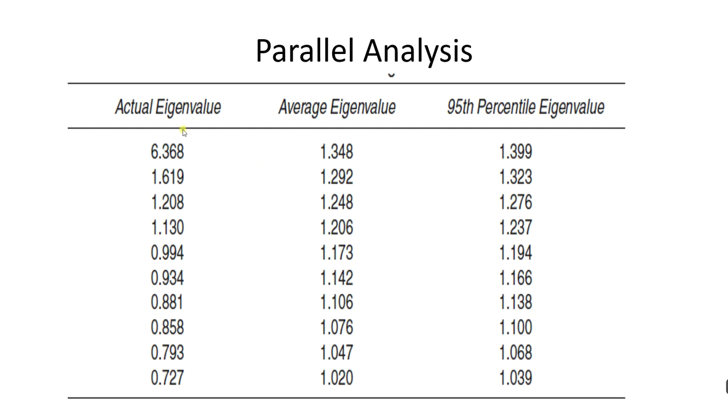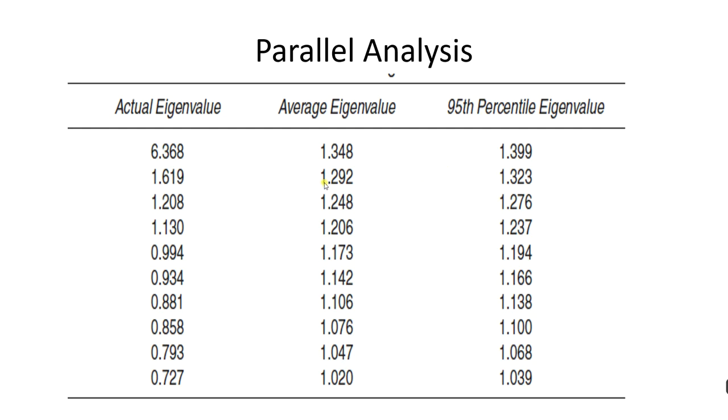The first eigenvalue on the actual data is 6.368, and as I said earlier in my lecture, the eigenvalue tells the total variance explained by a given factor. So the first factor in the actual data is explaining more variance as compared to the chance data or the random data, whether you compare with the average eigenvalue or with the 95th percentile.